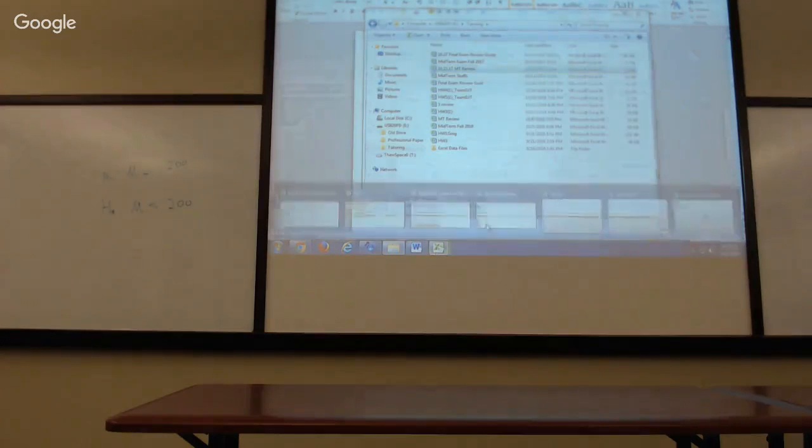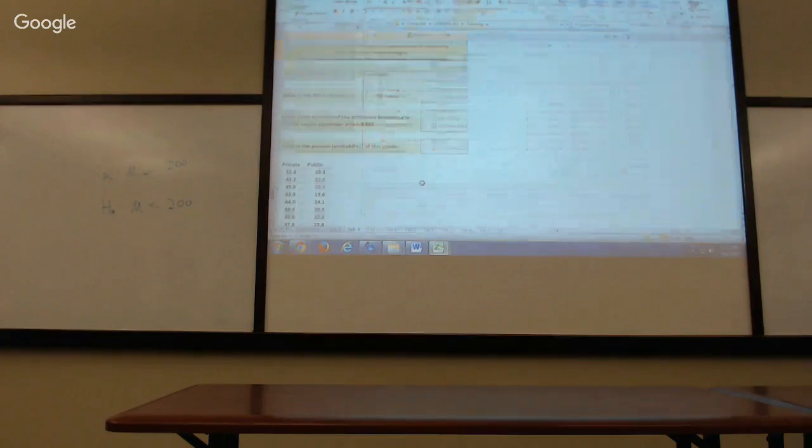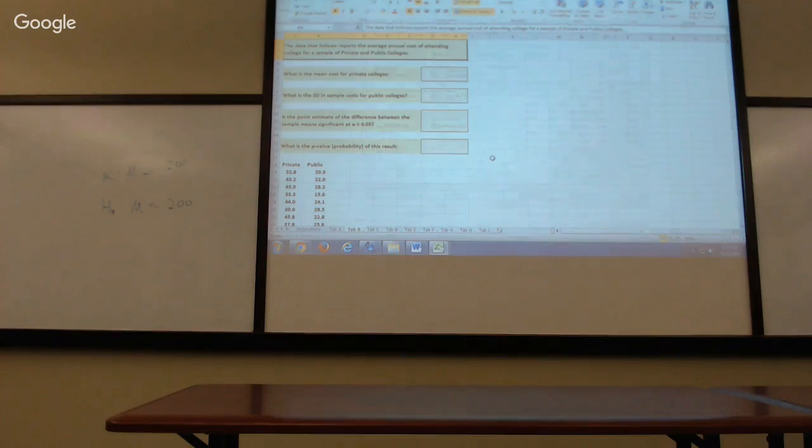So let's start doing some homework. Yes. Exciting stuff. First question says, the data that follows reports the average annual costs for attending a college for a sample of private and public colleges. So what we're doing here, we have private colleges, we have public colleges. We want to see which one costs more.